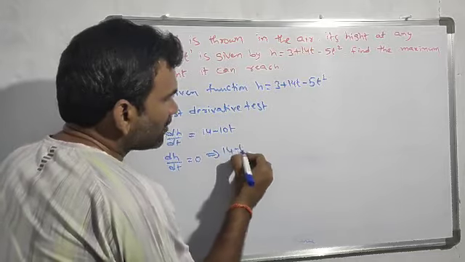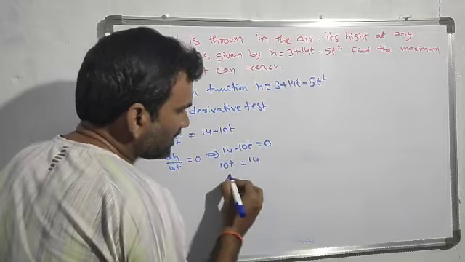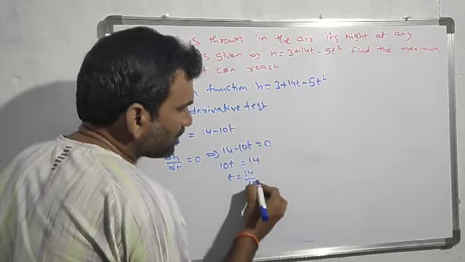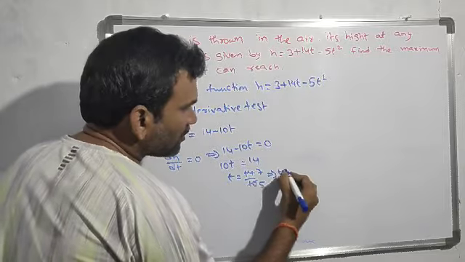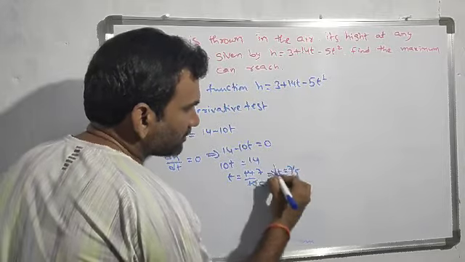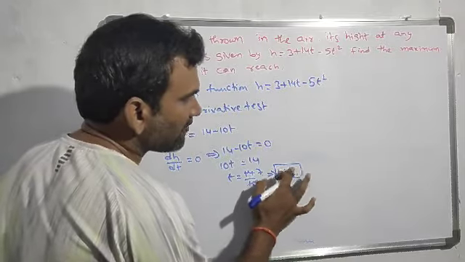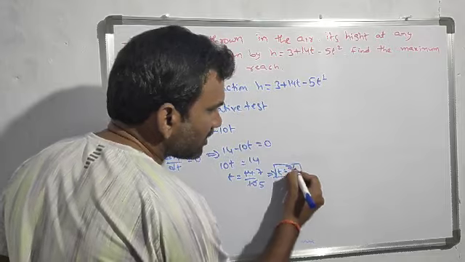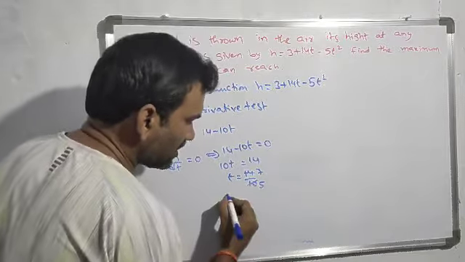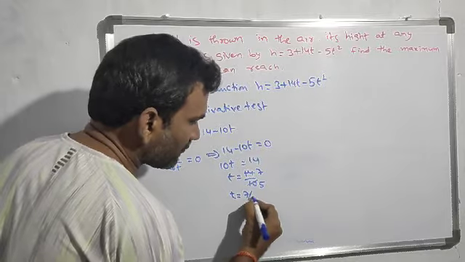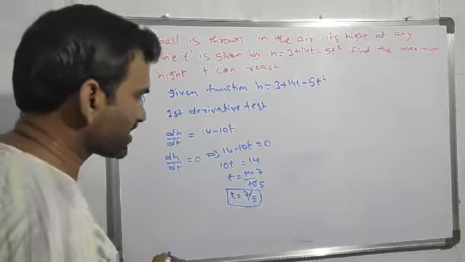That means 14 minus 10t equals 0, 10t equals 14, t equals 14 by 10, which is 7 by 5. So t equal to 7 by 5 is our stationary value.